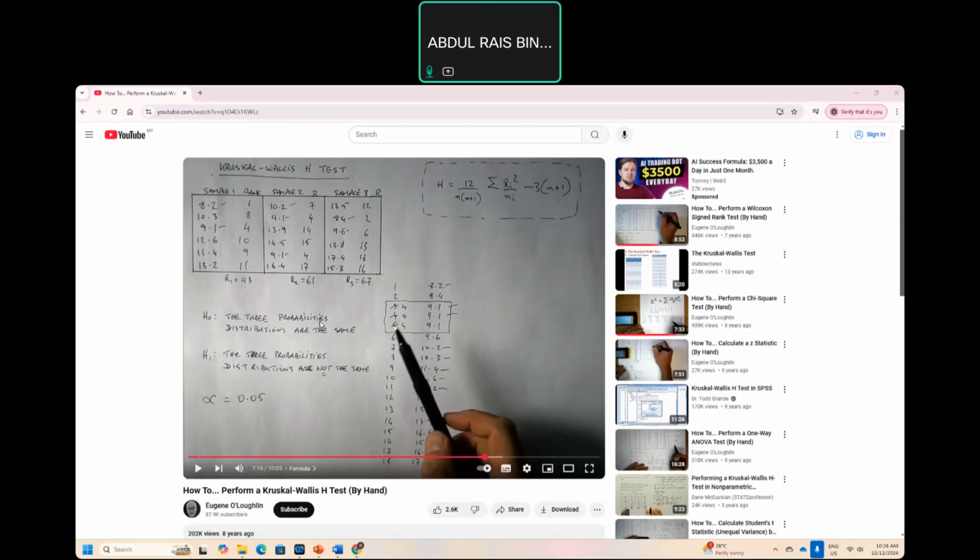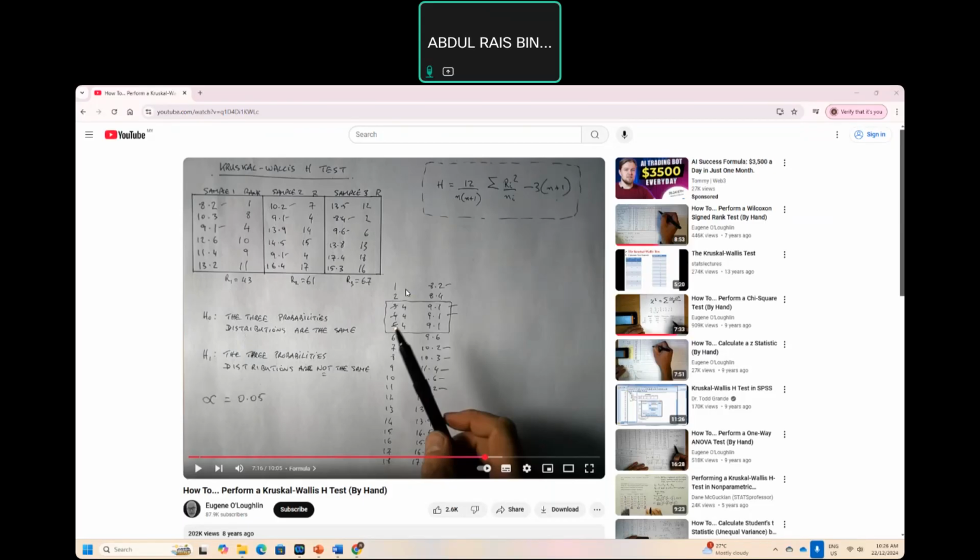There is no difference, or there is a significant difference in distribution between the 3 different groups. Okay. Alright, so saya ringkaskan kat sini, sama macam Mann-Whitney U dan Wilcoxon.